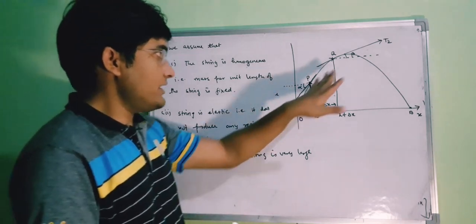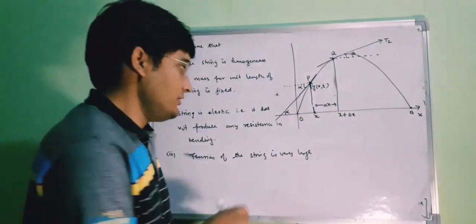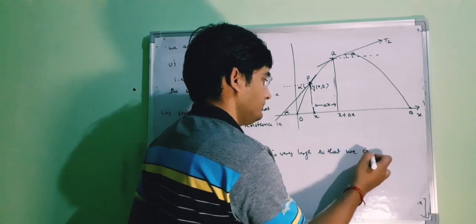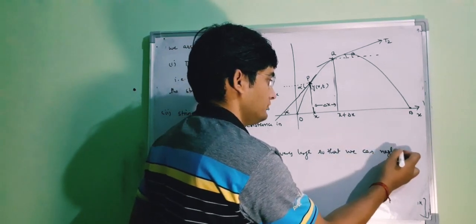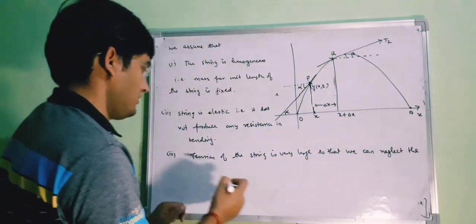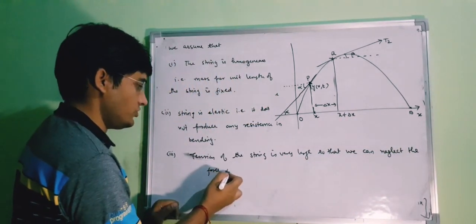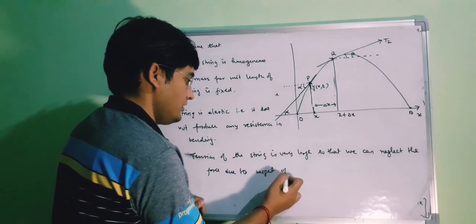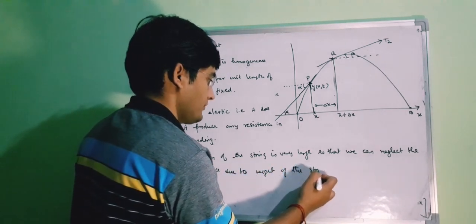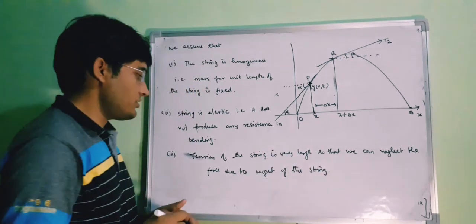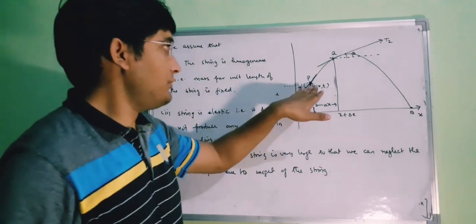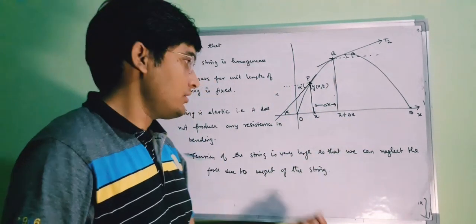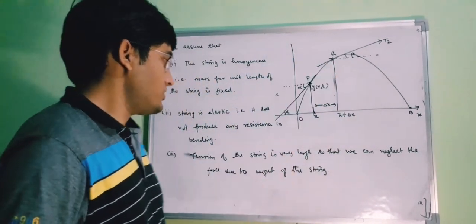We are assuming the tension very large so that we can neglect the force due to the weight of the string. We are assuming that the tensions at P and Q are very large so that we can neglect the weight of the string.